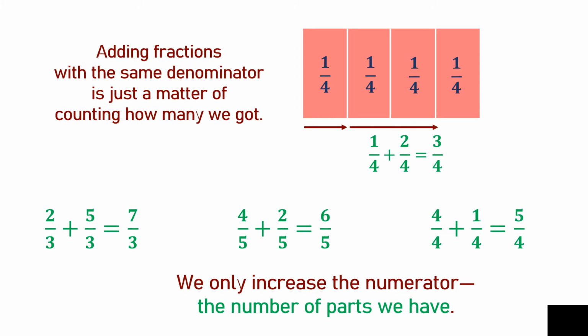If we have 1/4 and add 2/4 more, we have 3/4, 3 of the same size equal parts. 2/3 plus 5/3, we have 7/3. 4/5 plus 2/5, we have 6/5. We're adding thirds, or fifths, or fourths.